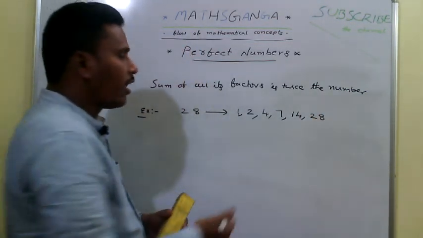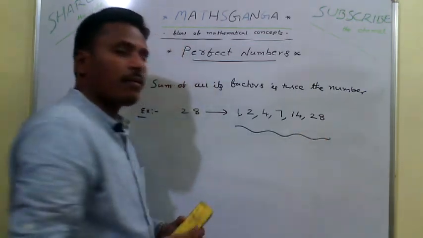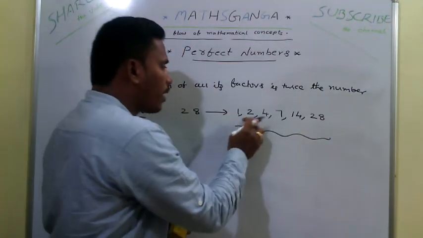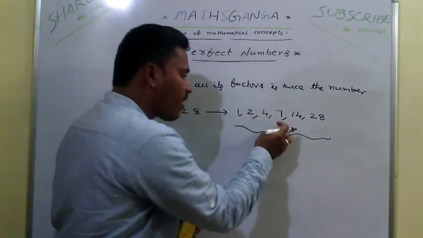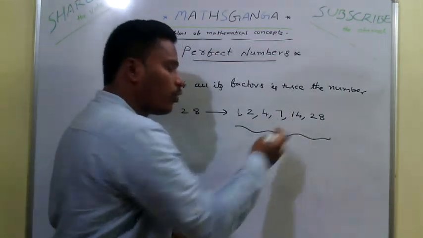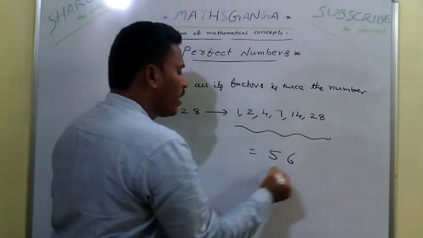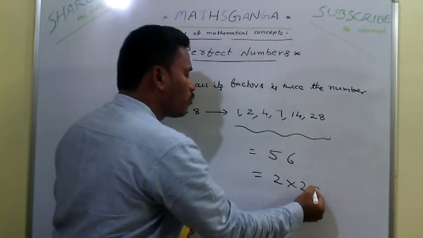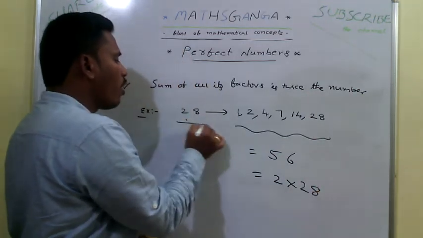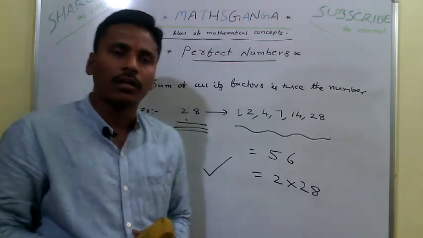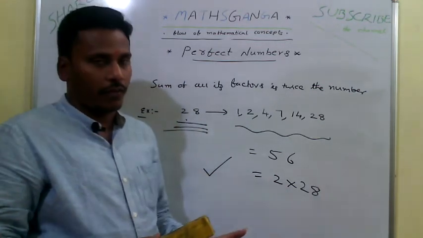If you add all these, the sum of all the factors of 28, 1 plus 2 is 3, plus 4 is 7, plus 7 is 14, plus 14 is 28, plus 28 is 56. This 56 is 2 times 28. So the sum of all the factors of 28 is equal to 2 times the number. So 28 is also a perfect number.